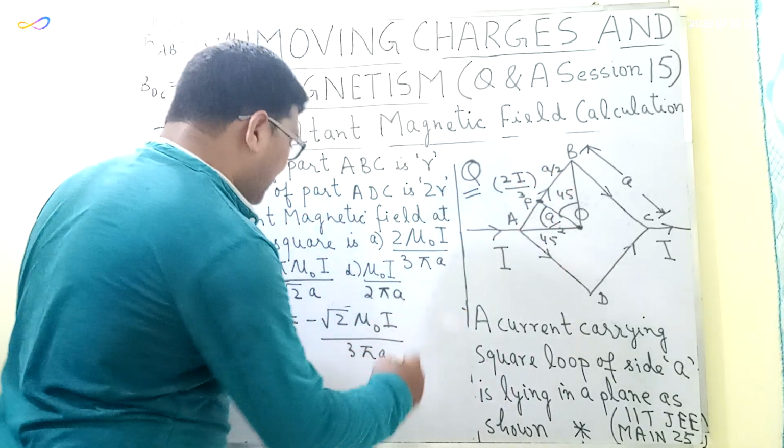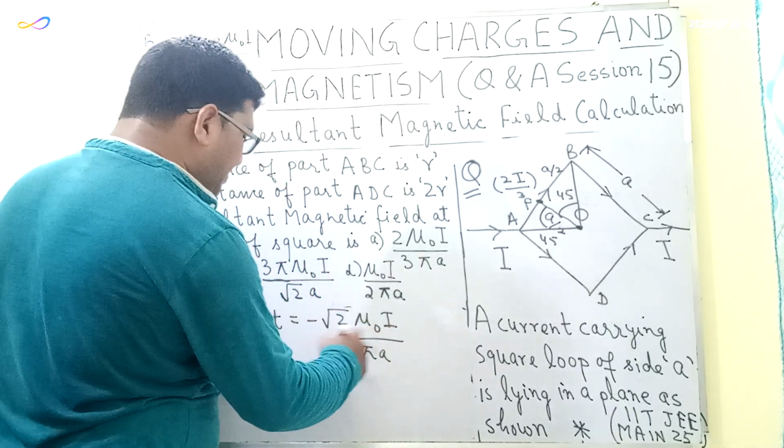The magnetic field due to the part BC, again this will be equal to the same value, so I will be just multiplying it.